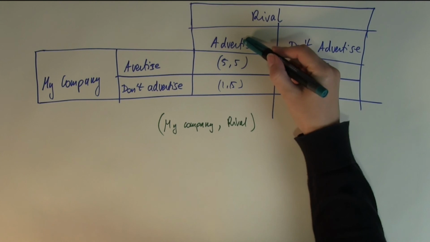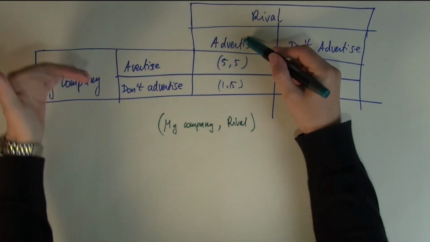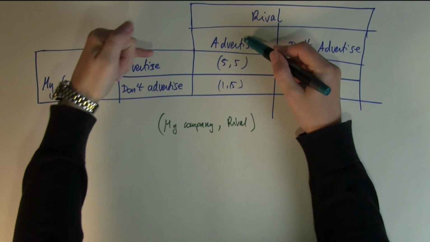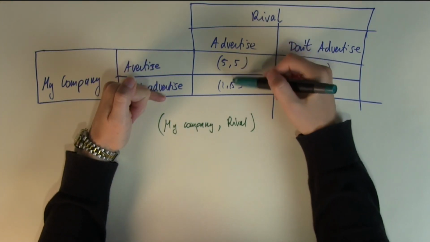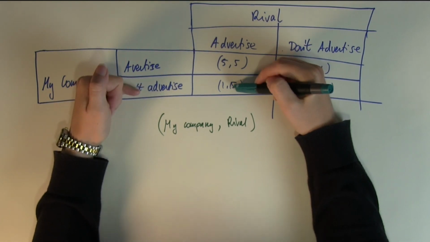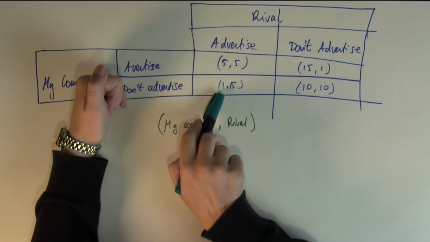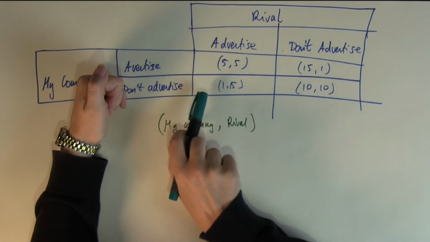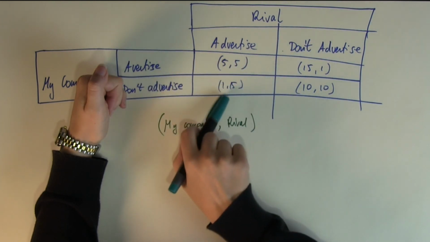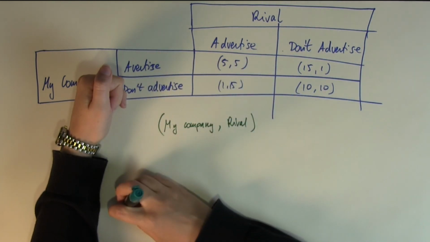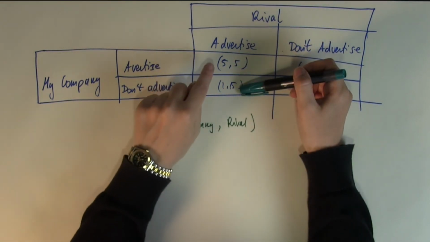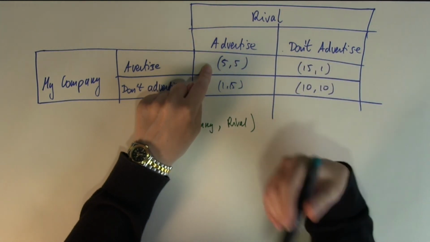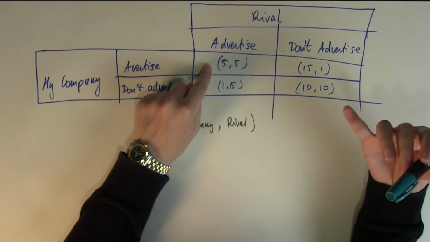If the rival advertises, there are still two scenarios depending on whether I advertise or not. Obviously, it would be better for the rival if I didn't advertise, but that would be no good for me, because if I don't advertise, I basically let the rival own the whole market and they would get a nice fat profit, and I would lose out quite a bit. So if the rival decides to advertise, I will have to advertise, because I want to maximize my own profits given the circumstances.